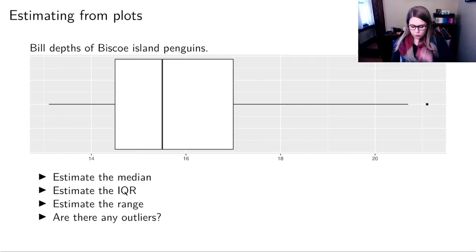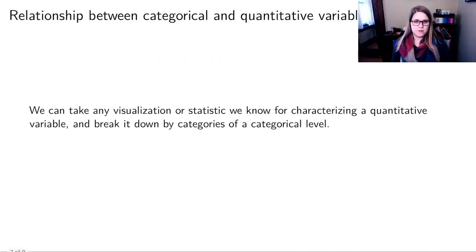So now that we have one final way to visualize a quantitative variable, we're going to finally start thinking about the relationship between one categorical variable and one quantitative variable. So the nice thing is we can take any visualization or statistic that we know for characterizing a quantitative variable.